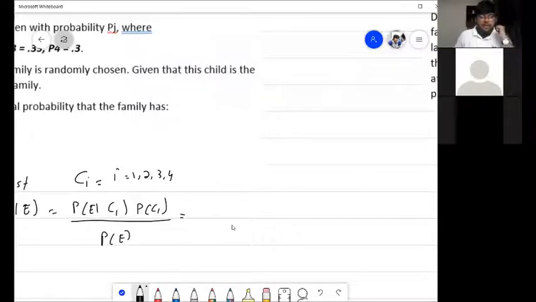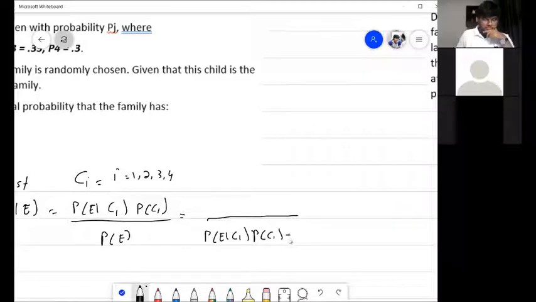I will expand the denominator using total probability again. C1. Note how this will go.